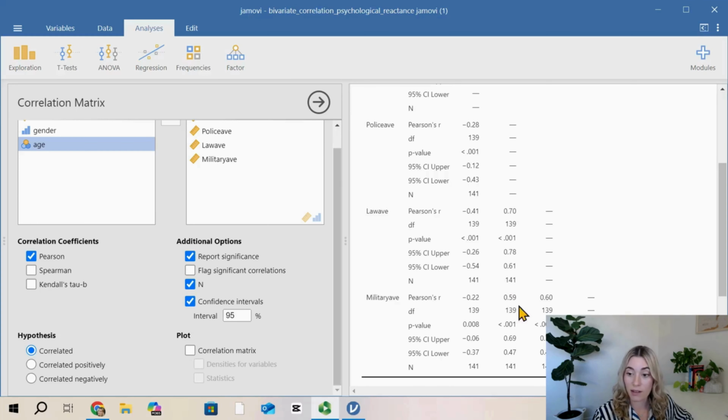So just a reminder, in this example, both of our variables are moving in the positive direction. In other words, scores increase on one variable as scores increase on the other variable.